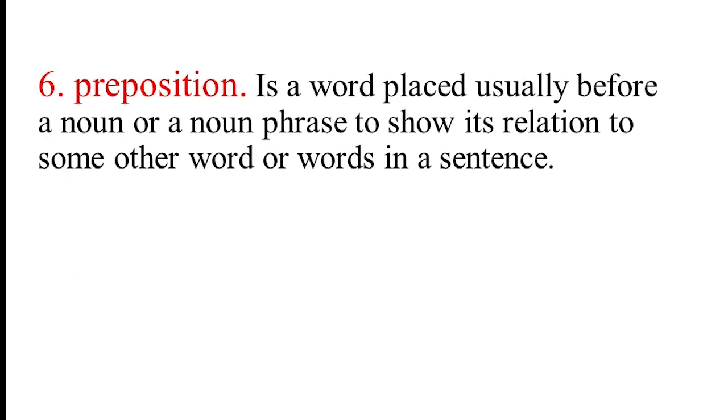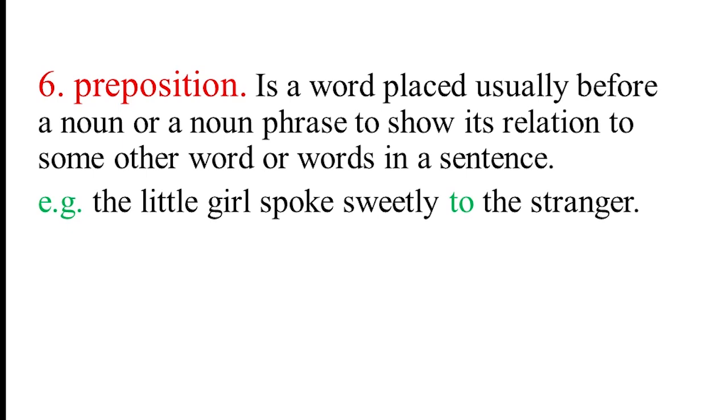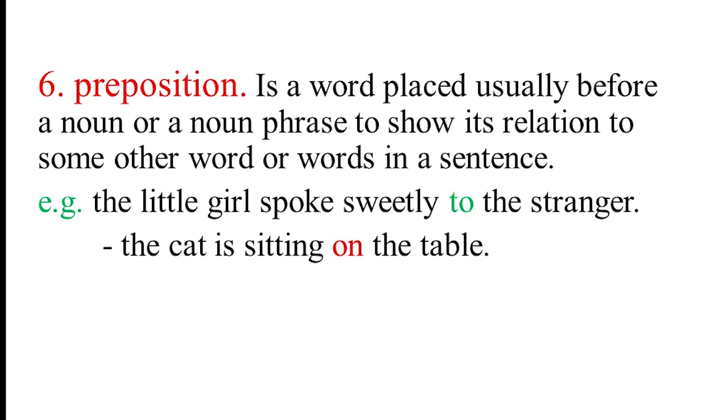And the sixth one is preposition. A preposition is a word placed usually before a noun or a noun phrase to show its relation to some other word or words in a sentence. For example, the little girl spoke sweetly to the stranger. Another example: the cat is sitting on the table.